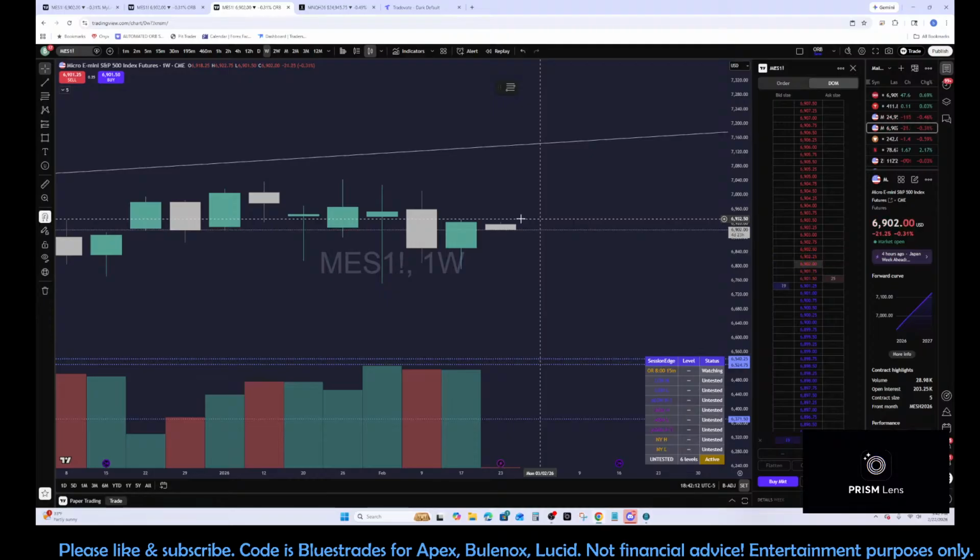Sometimes you start off as inside weeks, but not always, because you get gaps. So it just depends on what's happening there. But the monthly, we're 2 down. So you can still trade smaller time frames, just keeping in mind what's happening with the larger time frames.